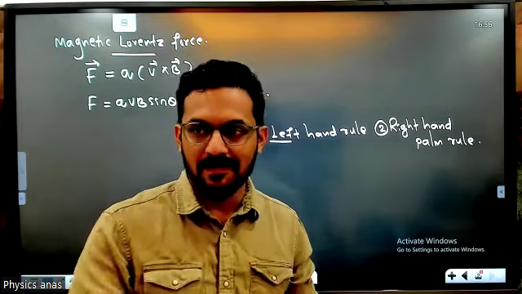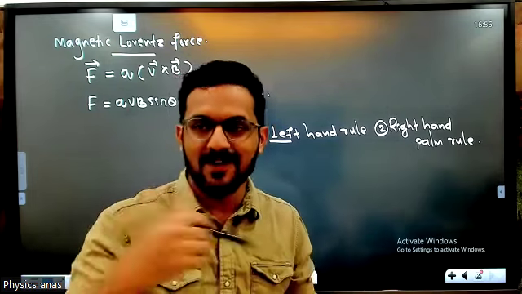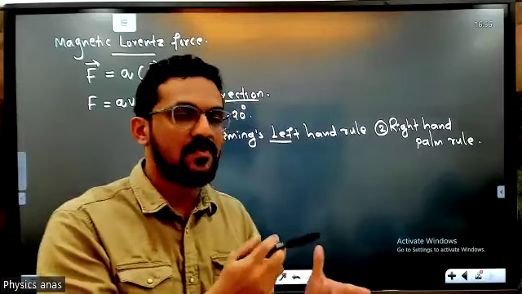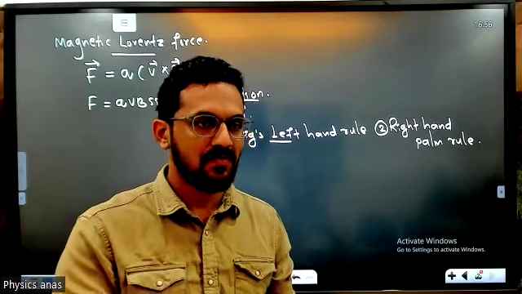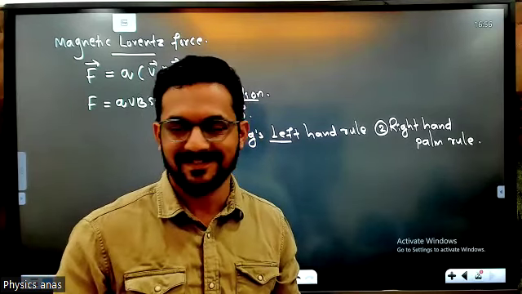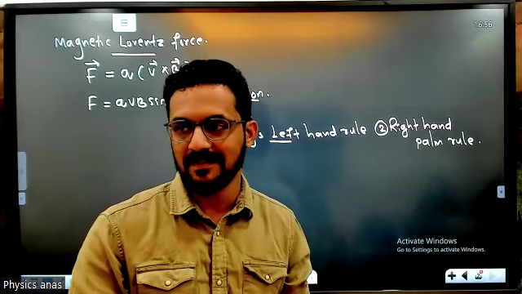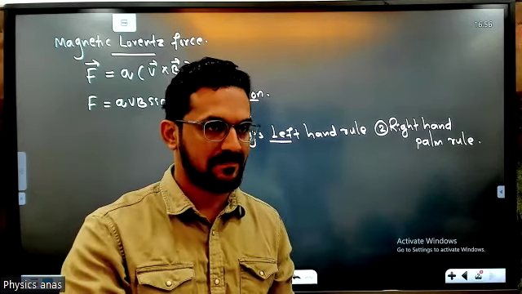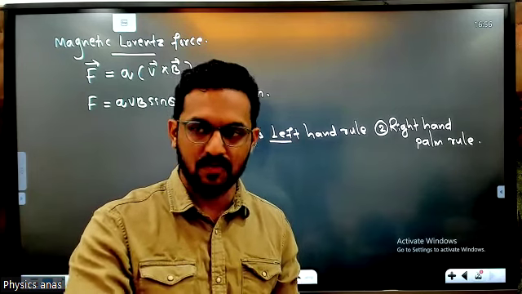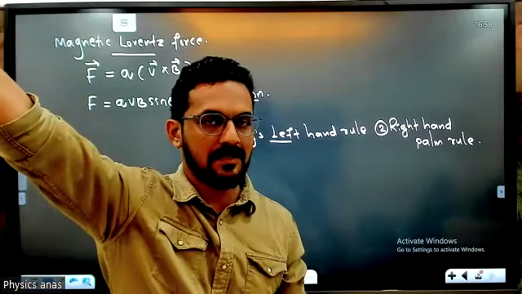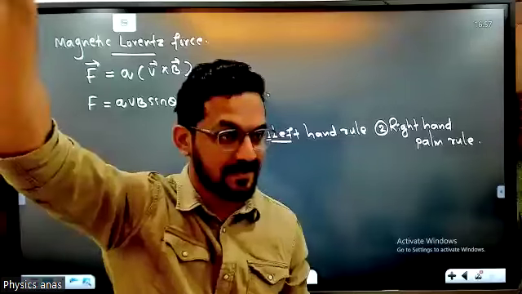In our time, we studied this with a common term: father, mother, child. Father is force, mother is magnetic field density, child is current. That's Fleming's left hand rule for magnetic force acting on a current carrying conductor. We will discuss that further.